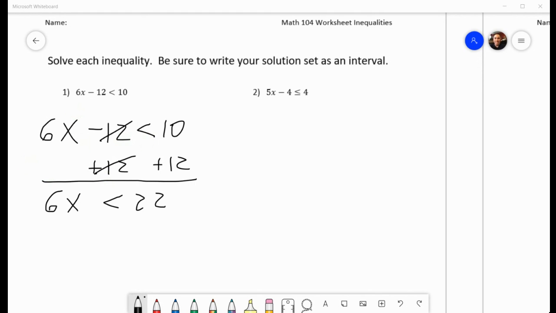All right, so what do we do next? Well, again, we don't want 6 times x all alone. We want x all alone. No problem. Let's just divide both sides by 6. Once you do that, these 6's cancel. Let me just move that up a bit. Let me minimize that.